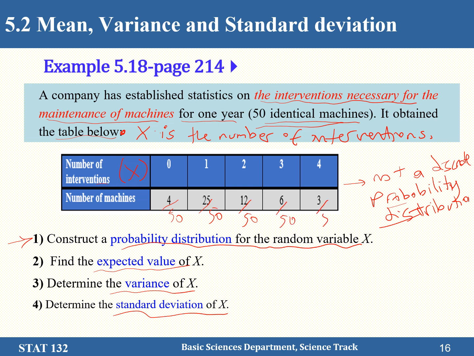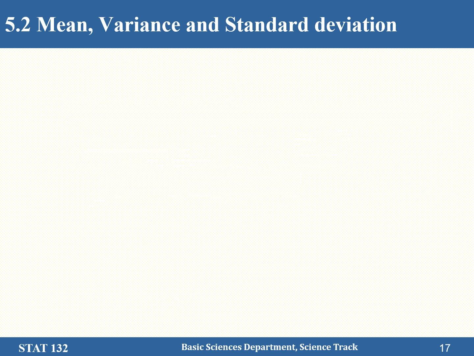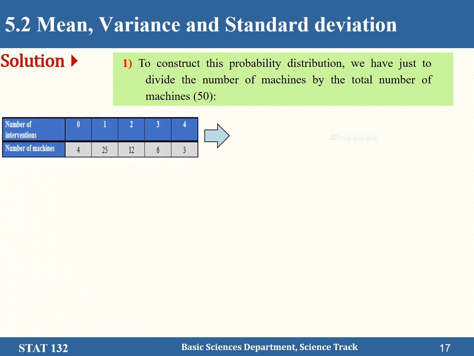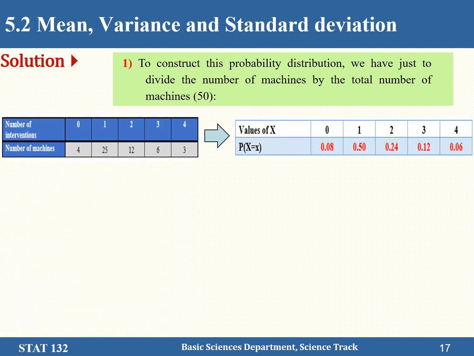So you will get a probability distribution for x. To construct this probability distribution, we have to divide the number of machines by the total number of machines. So when you divide by 50, you get these probabilities.